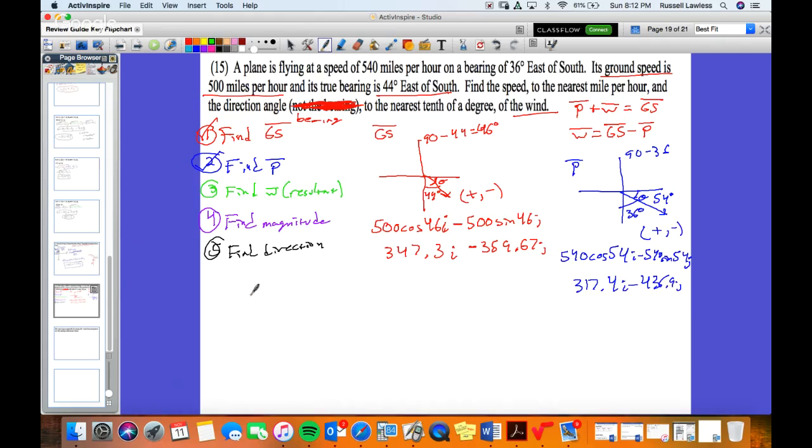To find the resultant, we're going to take the ground speed vector, which is 347.3 i minus 359.67 j. And we're going to subtract that from the p vector. Now, let's do it this way.